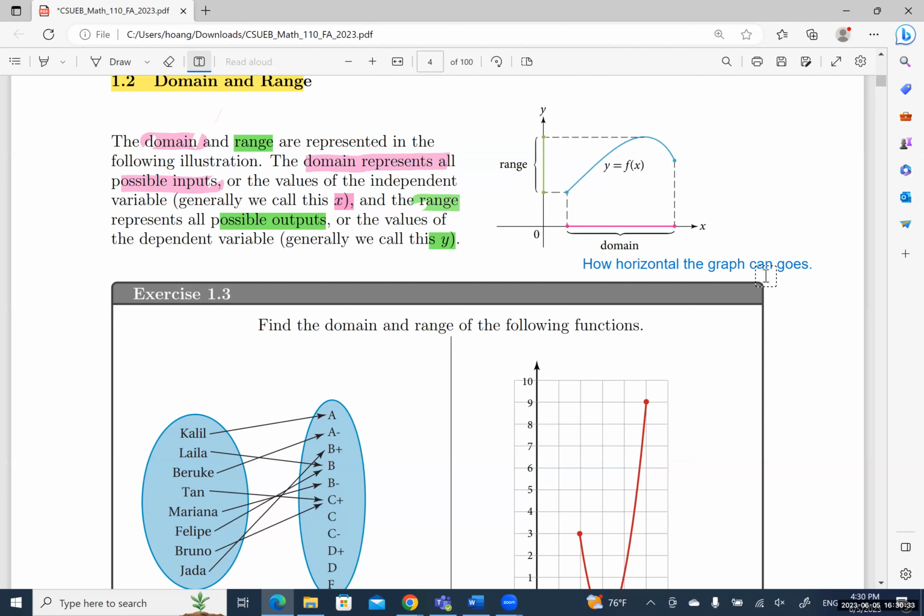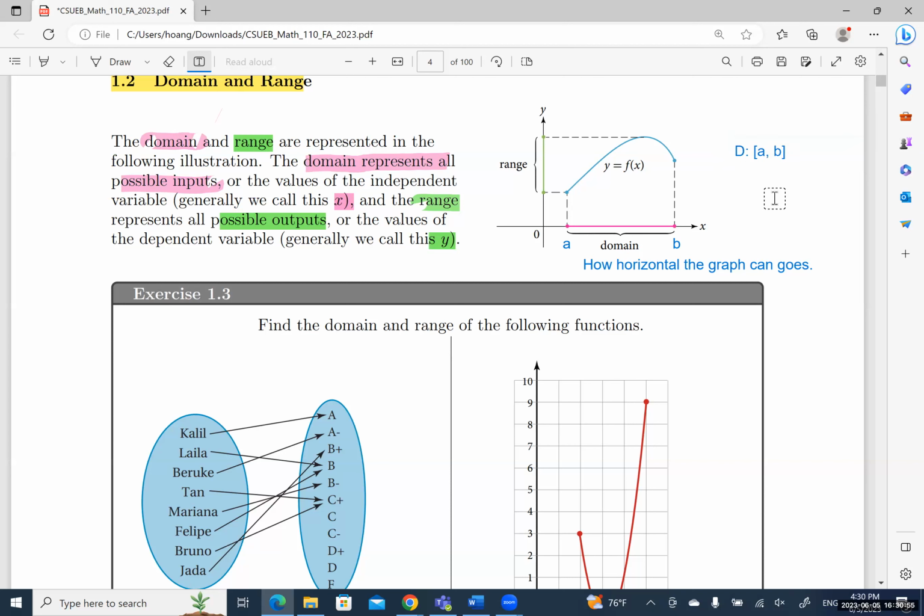So it's in between, let's say, A to B here. Here's A, here's B. See that, right? So the domain is going to be in between A to B.